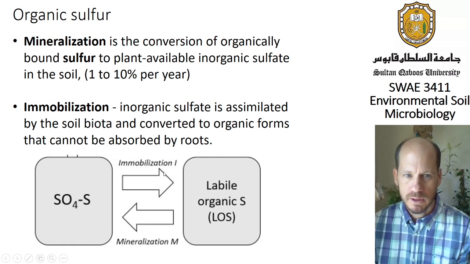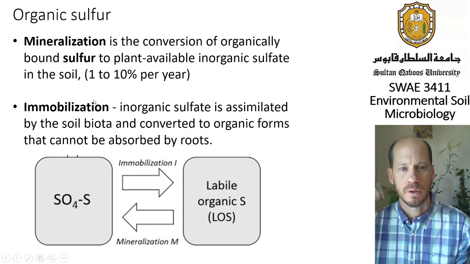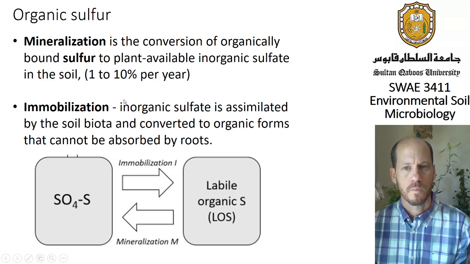This is an oversimplification. Some of these processes have to be cycled through other inorganic molecules, and there are steps in between this mineralization. And the immobilization often entails also that these sulfur molecules are being reduced to be incorporated into organic molecules.